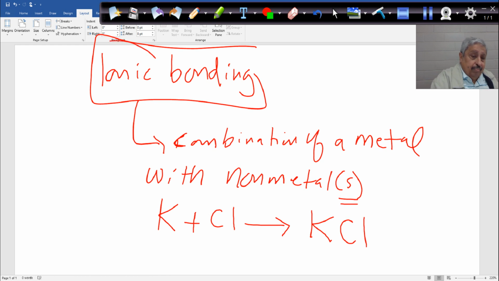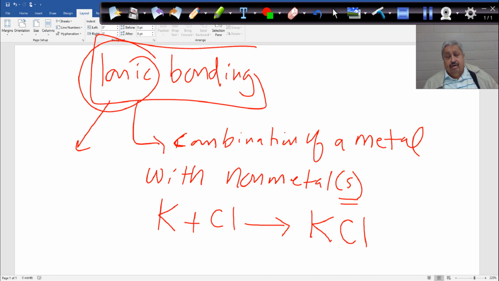So the ionic compound condition or requirement is the presence of a metal.